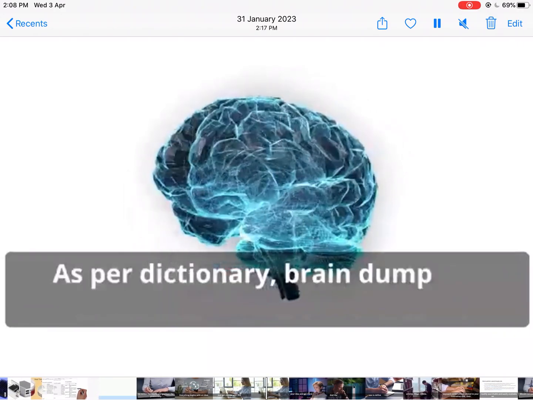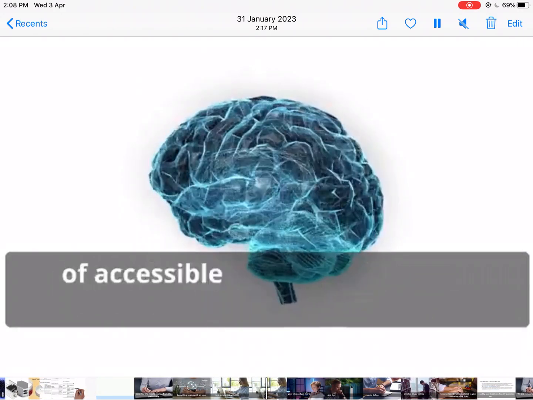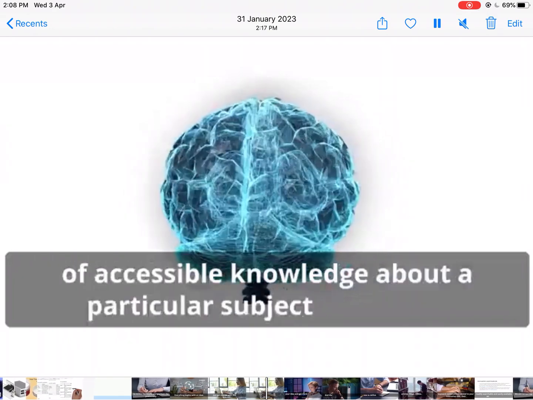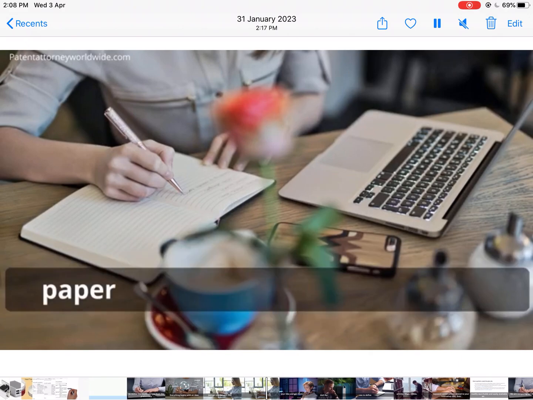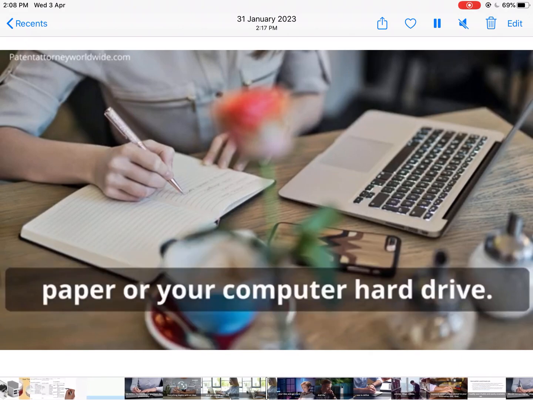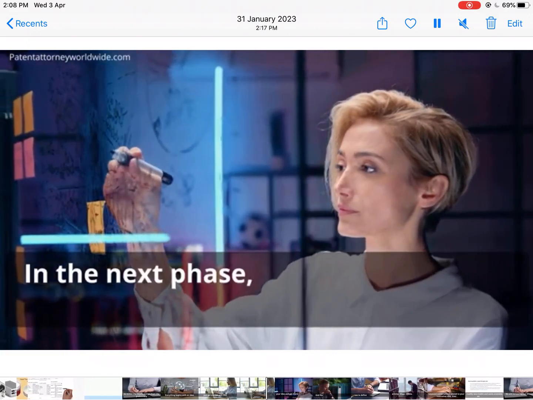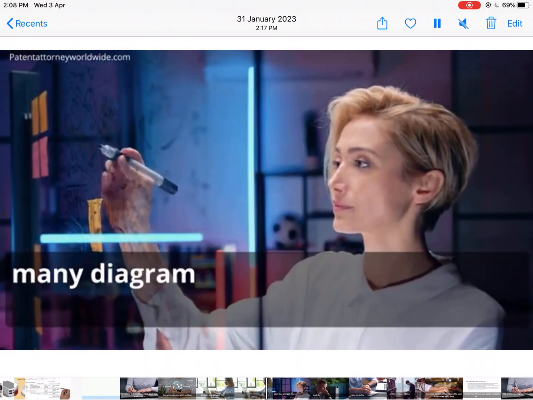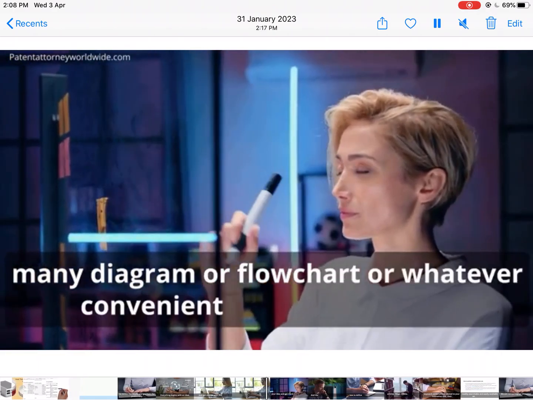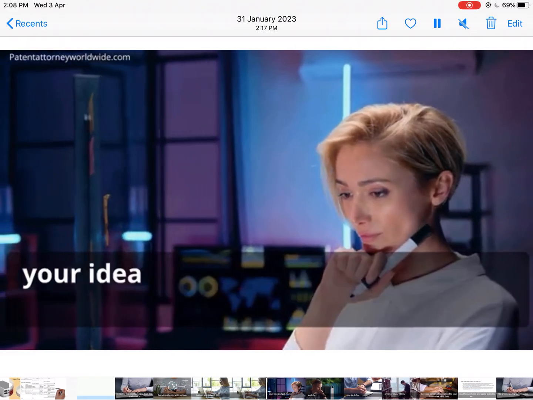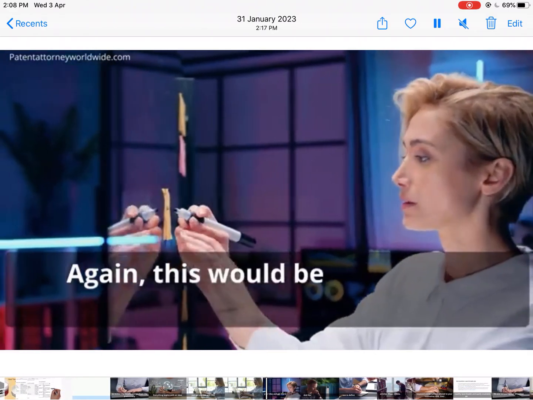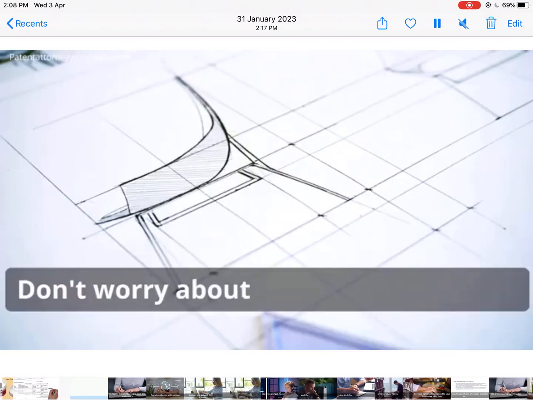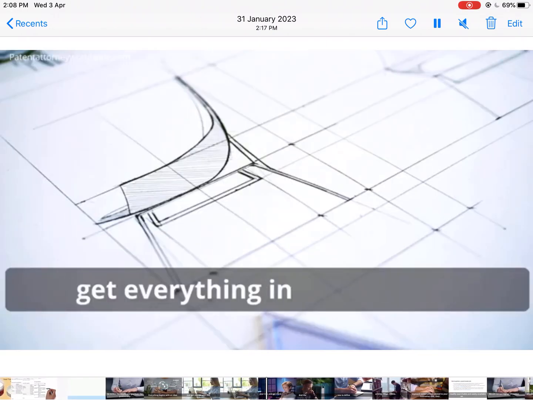All this we call a brain dump. What is a brain dump? Whatever your brain is thinking, put it down in a document. The brain dump is a very important phase of your basic research. Once the brain dump is done, we have to convert it into a representable form, either a diagram, circuit, block diagram or flow chart, or it can even be a design.